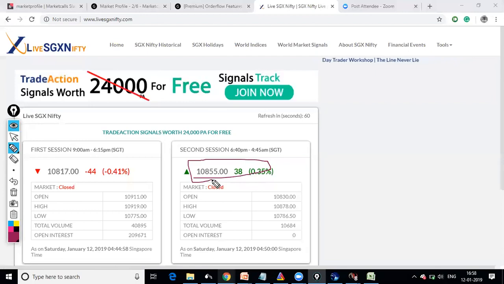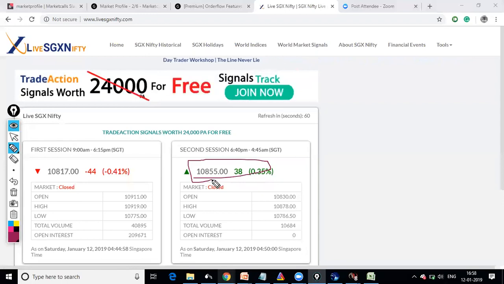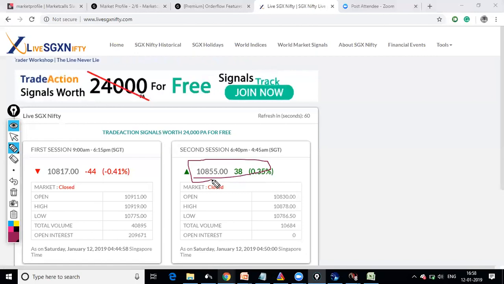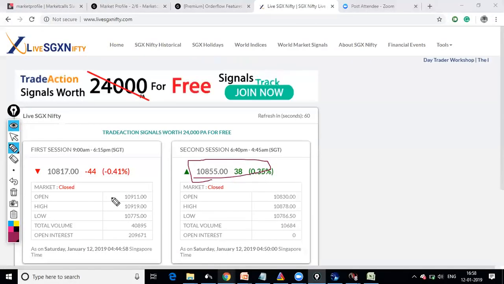So you'll get frustrated if you watch SGX Nifty, or you'll be in unwanted tension. Like you're holding longs, and the next day SGX will be showing 100 points negative by midnight, and you come in the morning, it will open as if nothing happened. So it puts you in a terrible situation most of the time.